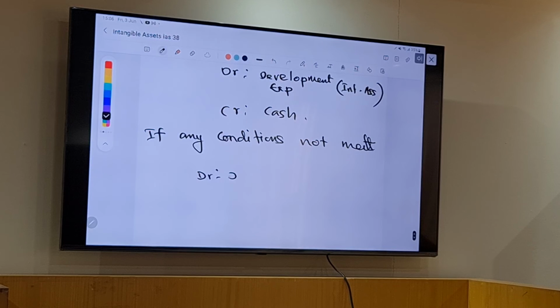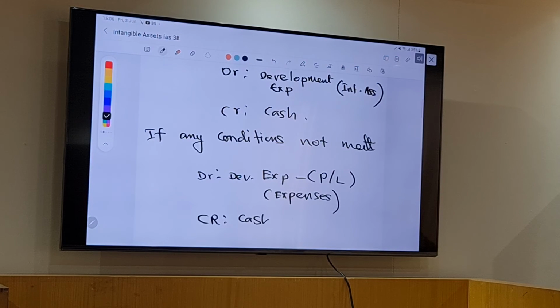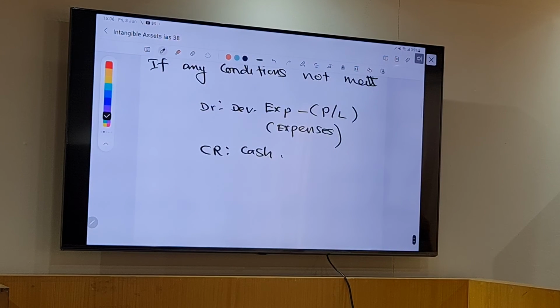Debit development expenditure, and it should go to P&L as expenses, credit cash. So that's all about this; it is standard. Now can you try a question from the book?